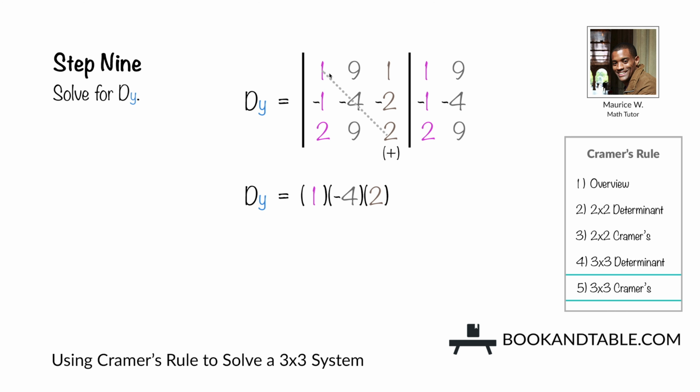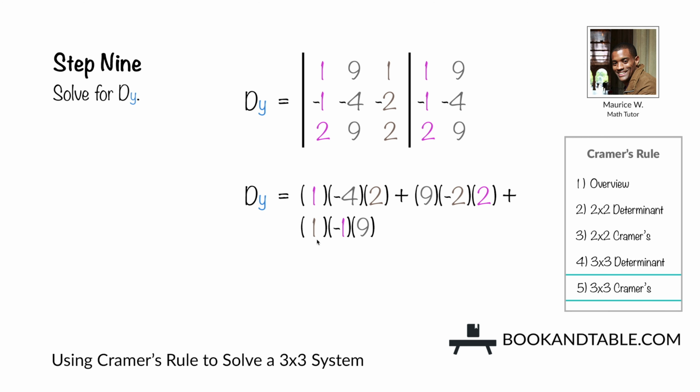And we'll repeat this for column 2 and column 3, and we'll add these products together. So we get 1 times negative 4 times 2, plus 9 times negative 2 times 2, plus 1 times negative 1 times 9.